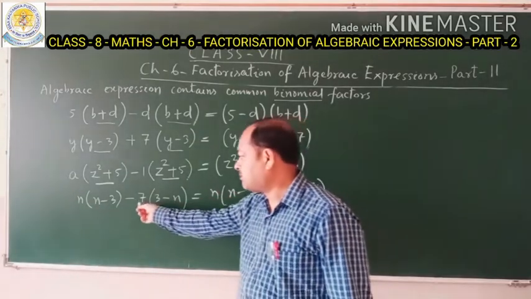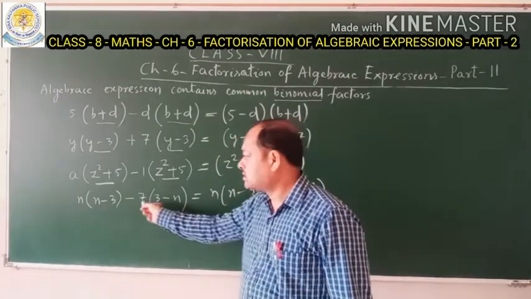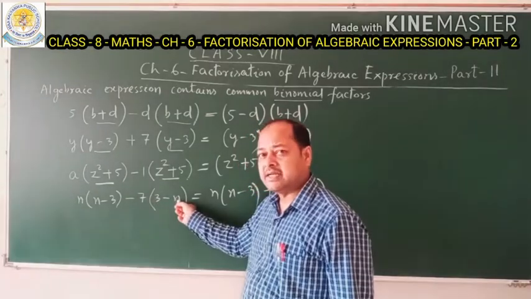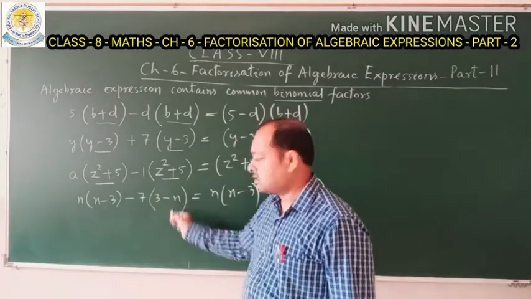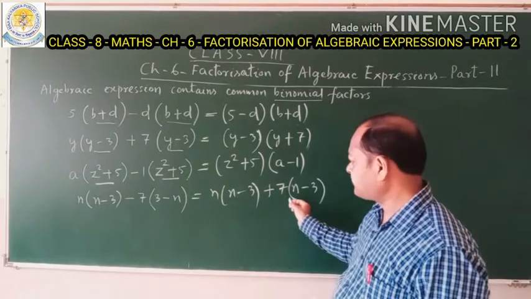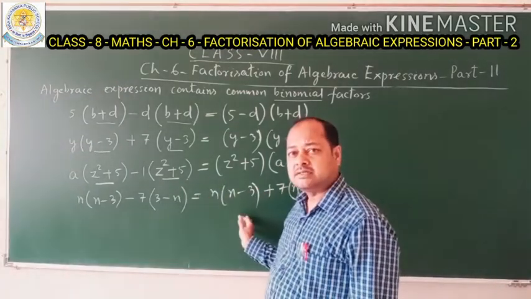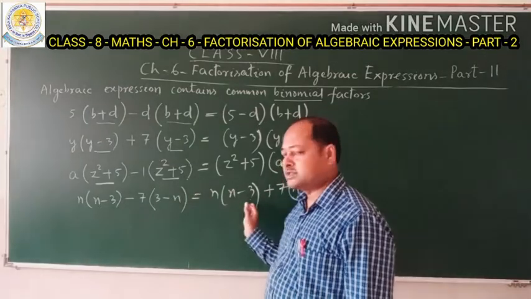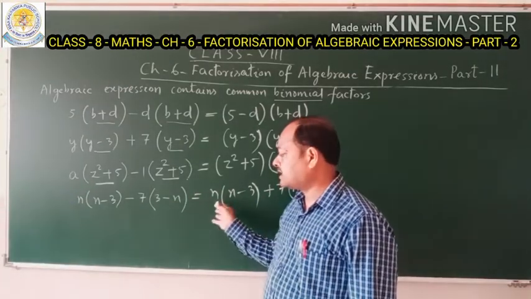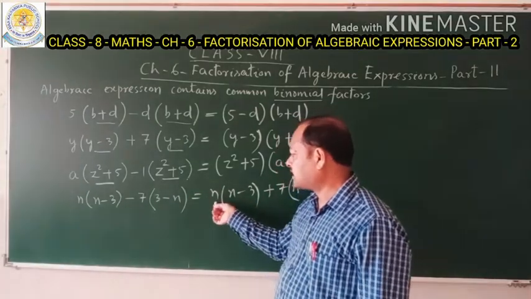Minus of minus will be plus, so 7 into n is plus 7n. In both cases the value is the same, so there is no change in the value.